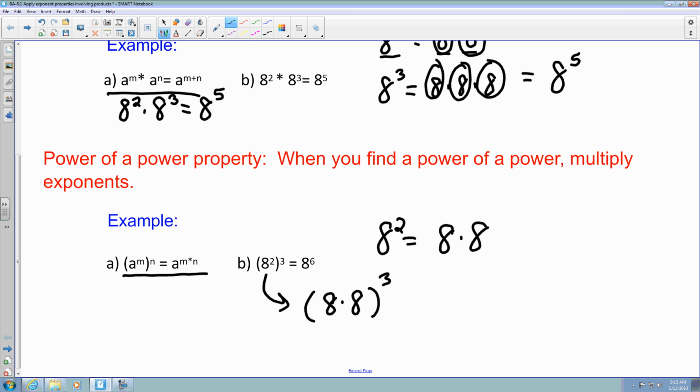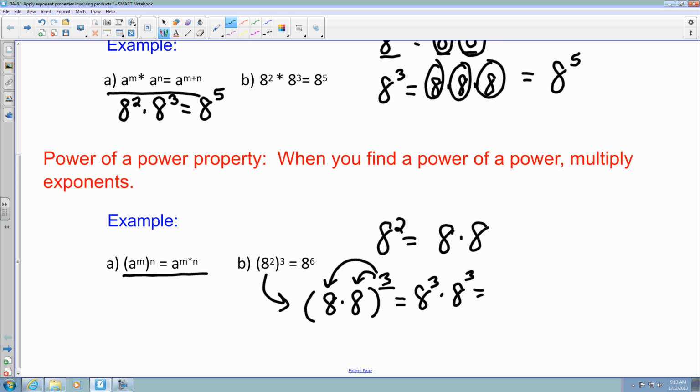Now this third power gets attached to both a's. So this could equal a cubed times a cubed.